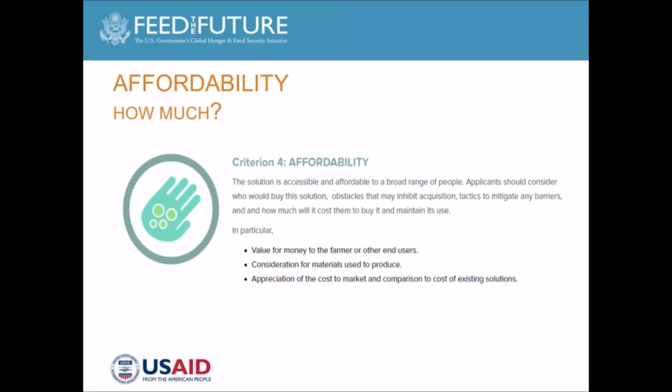We also ask for an appreciation of the cost to market and comparison to the cost of existing solutions. So understanding which market you are operating in and looking to scale your solution in.